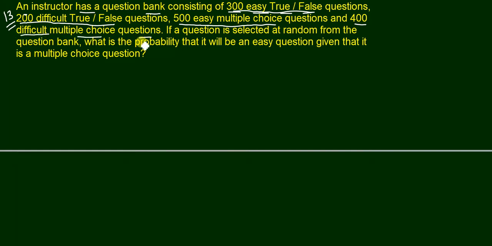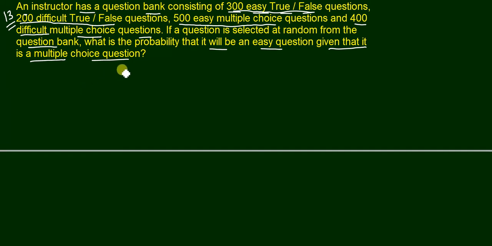If a question is selected at random from the question bank, what is the probability that it will be an easy question given that it is a multiple choice question? Okay, so two types of questions are there, true false and multiple choice, and some of them are easy and some are difficult.